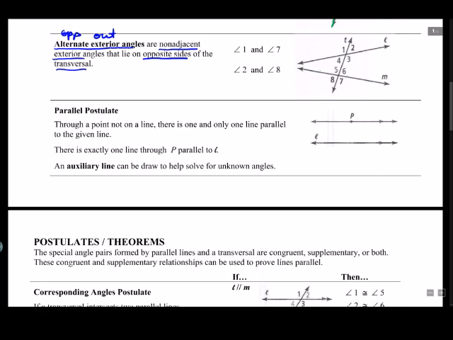So we find our transversal, and now we are looking for outside angles. So one is outside, and we want the one that is opposite of that and outside, so that's 7. And angle 2 and angle 8 are opposite exterior angles. So you can see where they are by their names.